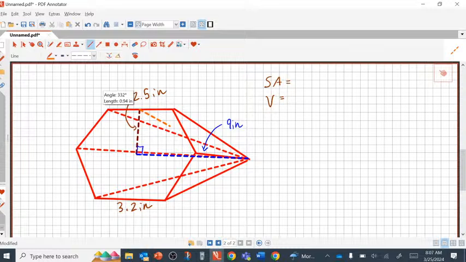Yeah, there's this slant height. I need to know the slant height of that triangle so I can find its area. What Ethan's saying is he wants to use the Pythagorean theorem straight up, which is 2.5 squared, that's this leg, plus 9 squared, which is this leg.